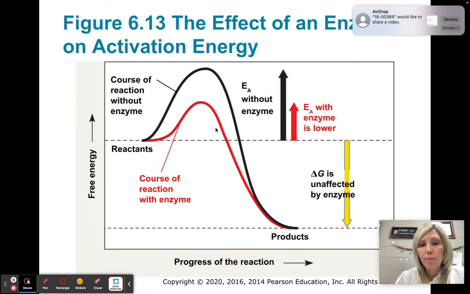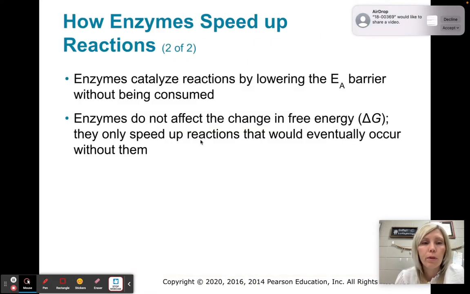You can see that because of this drop or change in free energy, which is negative. And you'll notice this note, it says change in G is unaffected by the enzyme, meaning we end in the same spot. We also begin in the same spot. The only thing the enzyme is altering is the amount of activation energy needed to start the reaction. So I'm going back to that bullet I told you that I'd skip and come back to.